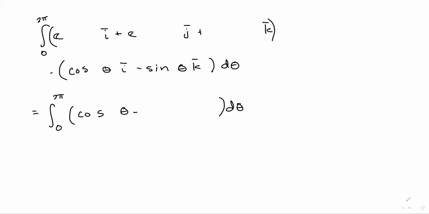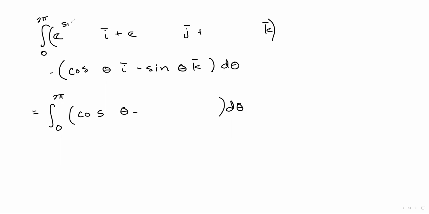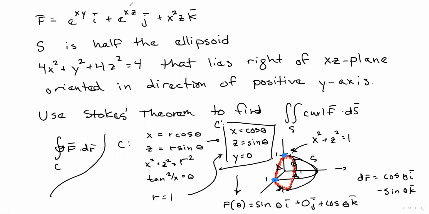All right, let's go back. Sorry. E to the xy. We got x is sine, y is 0, so it's going to be sine theta times 0. And then next we've got xz. That's going to be sine theta cosine theta.